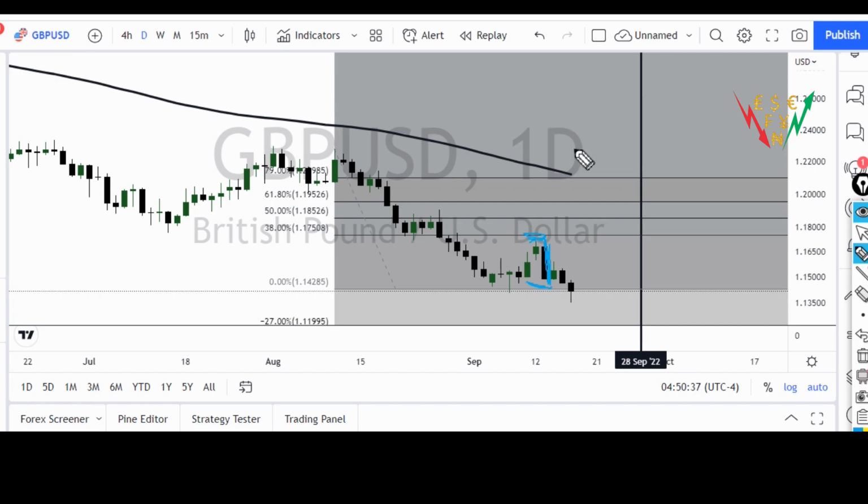M-O-T-H-E-R, mother, right? Okay, so leaving all that aside, the most important things in this market are where the price reacts to. That's the horizontal lines, right? Now that brings us to the very important section of this content, and that is the lines.